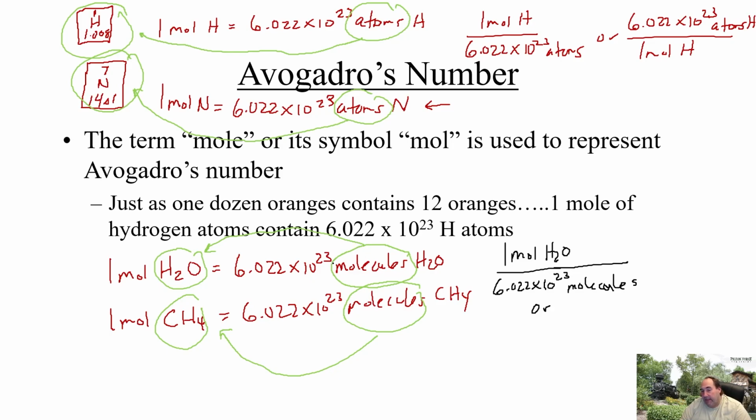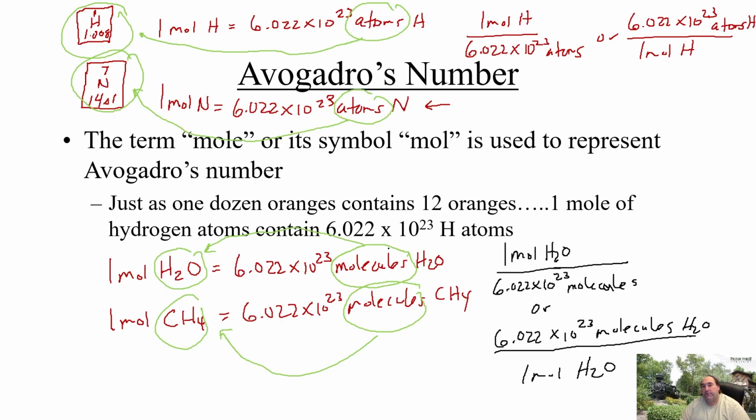Or, I'll just write it underneath, we could have 6.022 times 10 to the 23 molecules of water per 1 mole of water. So these are conversion factors, just like in dimensional analysis, basic conversion type problems. You would pick whatever one would be most appropriate for what you're looking for.